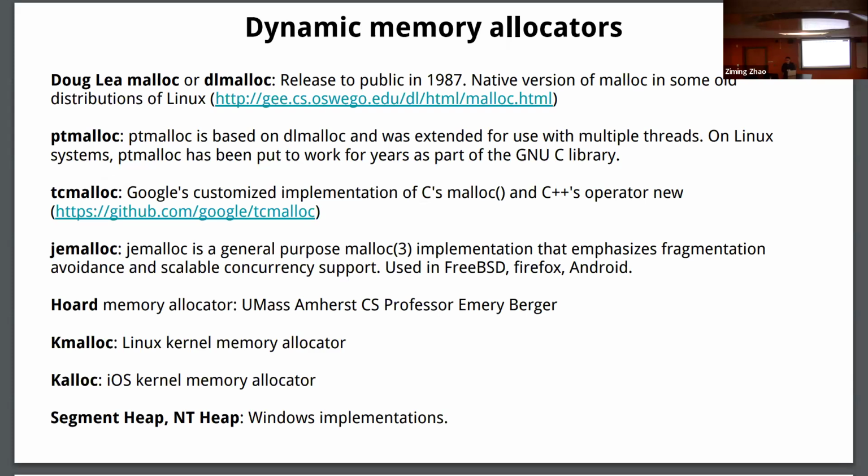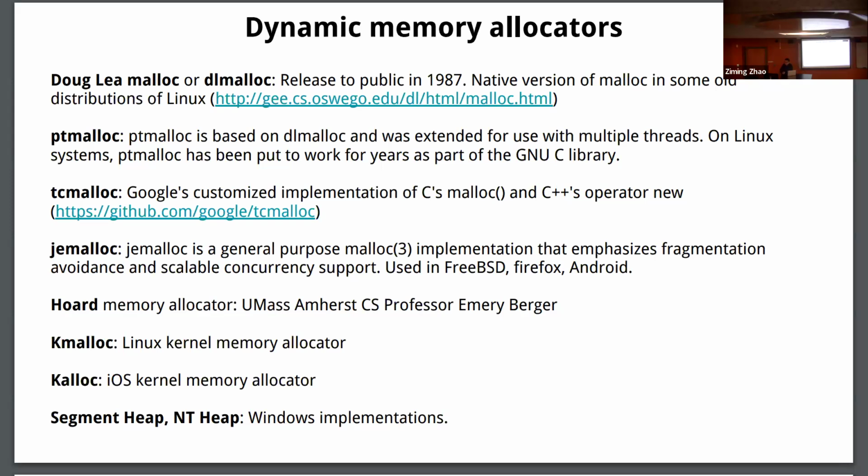One of the most popular heap management programs, or dynamic memory allocators, is the Doug Lea malloc, or DL malloc. It was released to the public in the 80s, and Linux picked it up. Linux was using that for many years. That's why it got very famous.